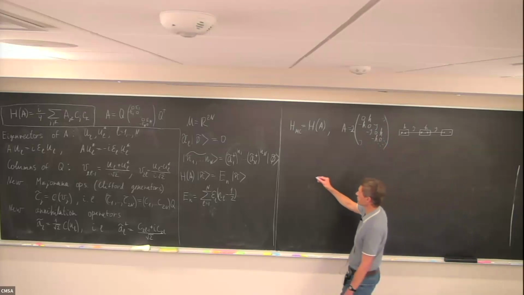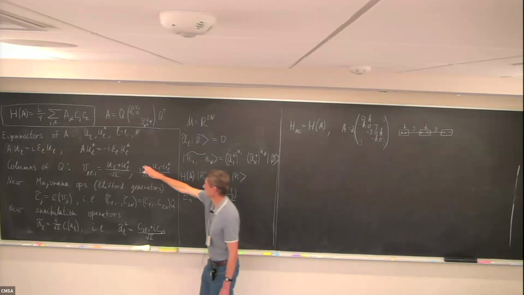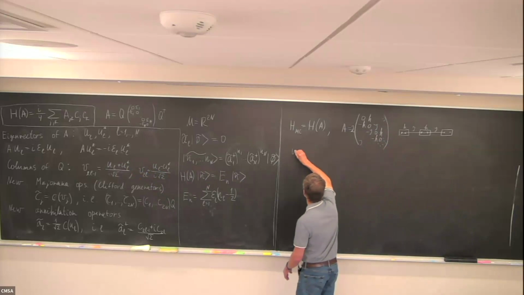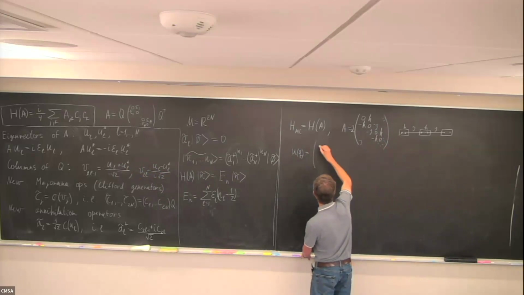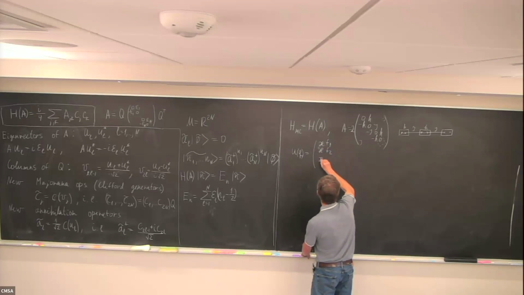And the eigenvectors can be represented, those eigenvectors U, which depends on q, as kappa F1, kappa F2, kappa squared F1, kappa squared F2.